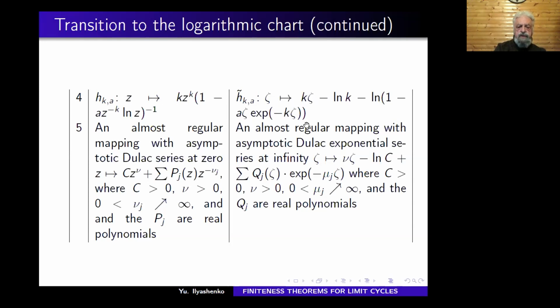This series converges. Now, what about almost regular mappings? Their Dulac series, shown here, pass to exponential Dulac series, shown here. Exponential Dulac series will be an important tool that we will meet all through the lecture today.